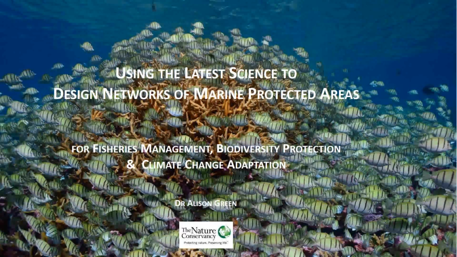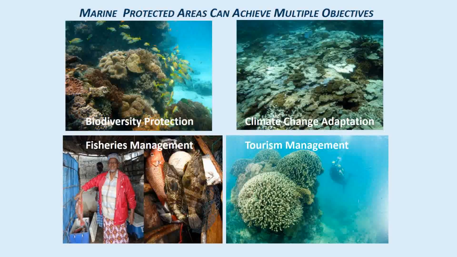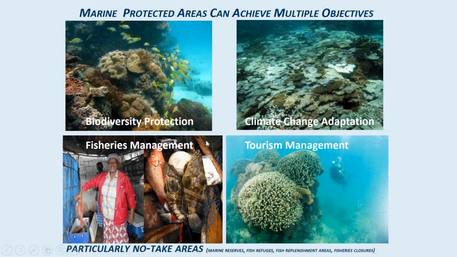So why are we doing this? Well, marine protected areas can be important tools for achieving multiple objectives. They can be very useful for protecting biodiversity in the face of climate change and for natural resource management, such as for fisheries and tourism. Of all the different sorts of MPAs, No-take Areas are the most powerful tool we have. Now, No-take Areas are known by different names.